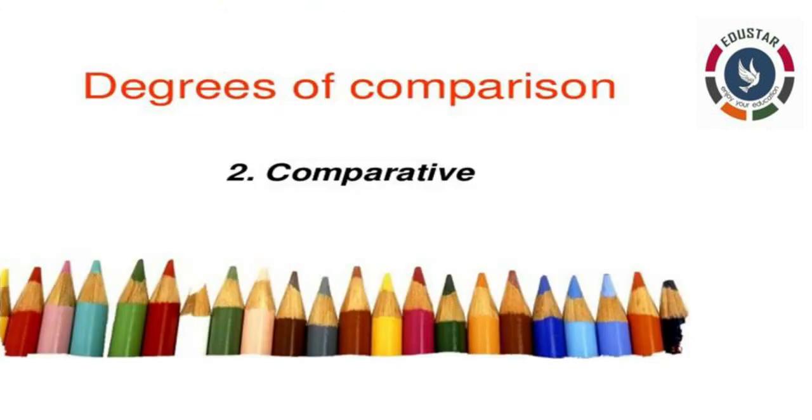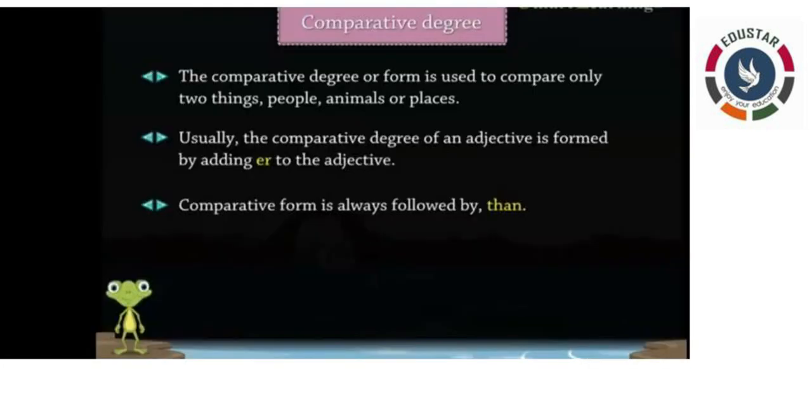And your next degree is comparative degree. The comparative degree or form is used to compare only two things, people, animals or place. They compare only two. Usually, the comparative degree of an adjective is formed by adding er at the end of the adjective.